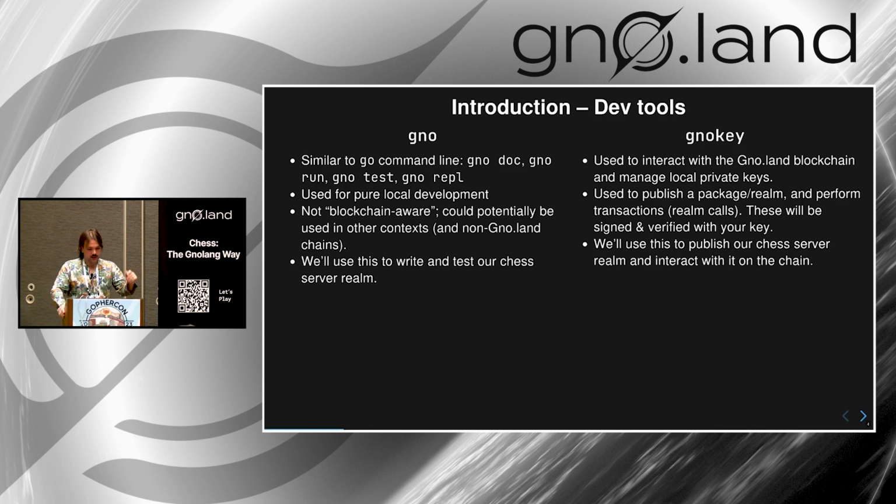And together with Gno, again, we have Gnoki, and that's what we'll be using for the more blockchain-specific part. So you can use that essentially to upload, let's say, your contract to the blockchain.